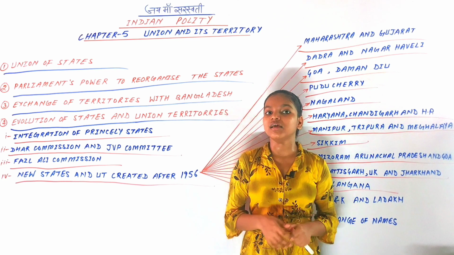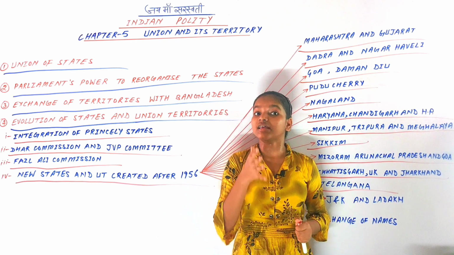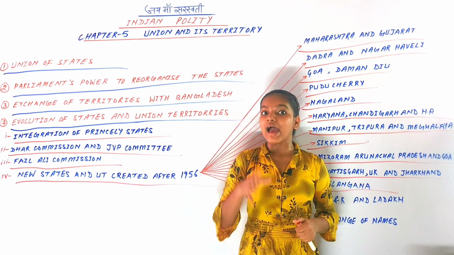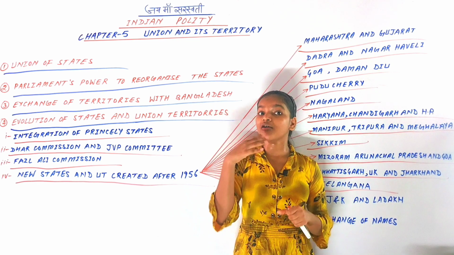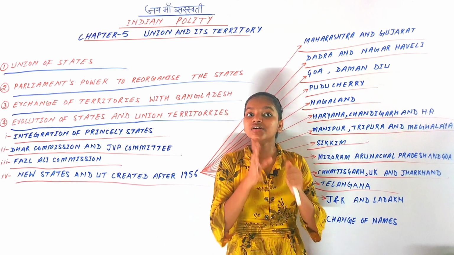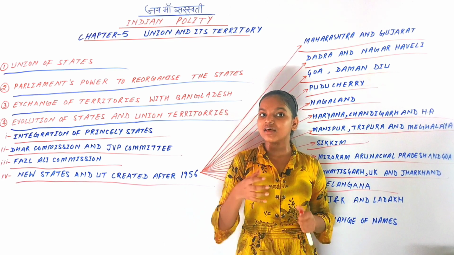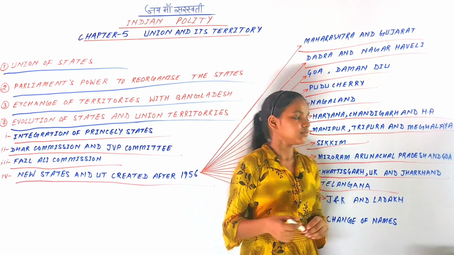Again by the Reorganization Act of 2014, it was bifurcated, and this time Telangana was separated. You have to remember Andhra Pradesh because it's very important: it was the first state in India created on a linguistic basis.